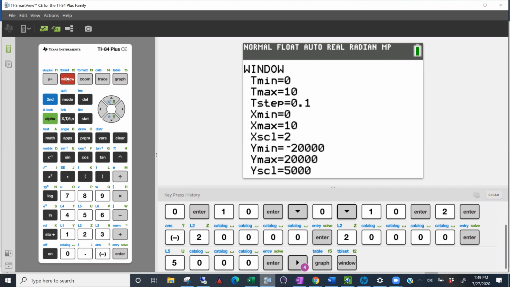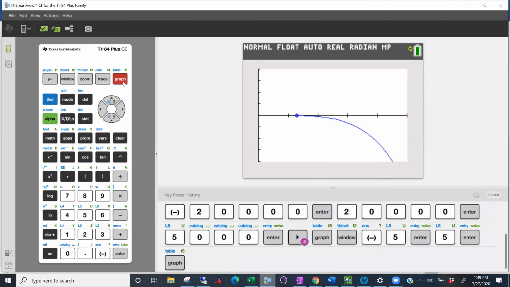Let's go back up to the window. The reason I wasn't getting anything below the x-axis is because I didn't plug in any negative values for t. So let's try readjusting this to -5 to 5 and see what happens now. Ah, that did it.